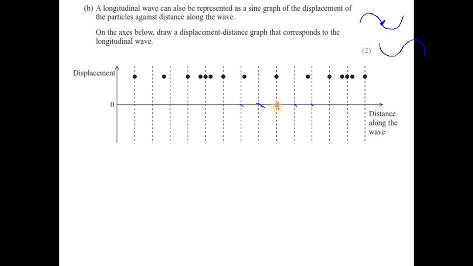This is the middle point where we have zero displacement for our transverse wave. So I can start from here. And if you wish, you can continue like this and so on.